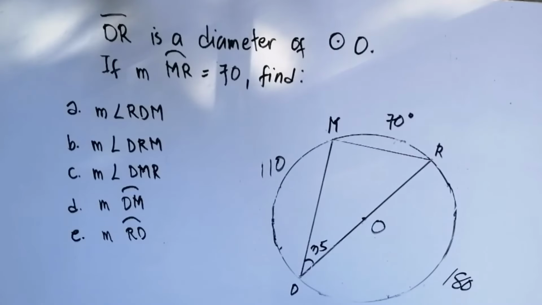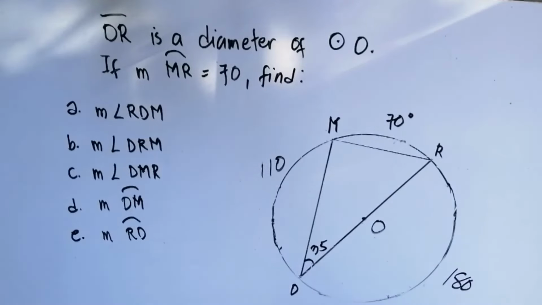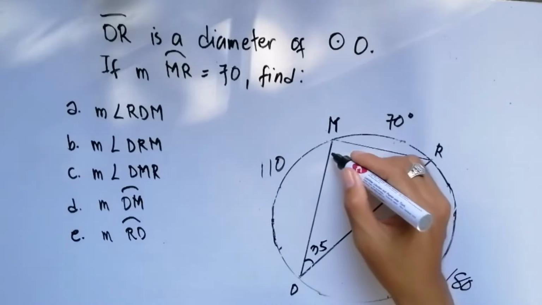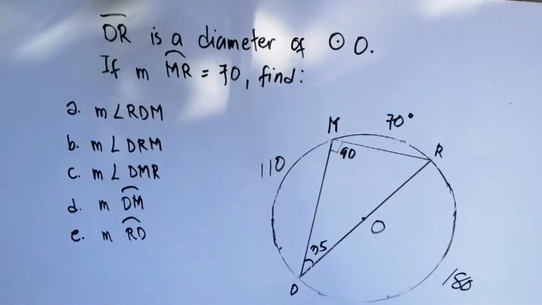How about the measure of angle M or DMR? The hypotenuse leg again is the diameter. So therefore, the angle M is a right angle. And a right angle is 90 degrees.